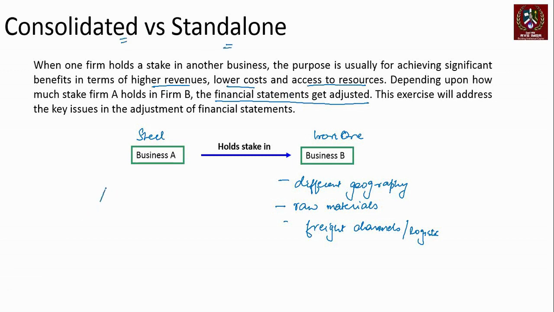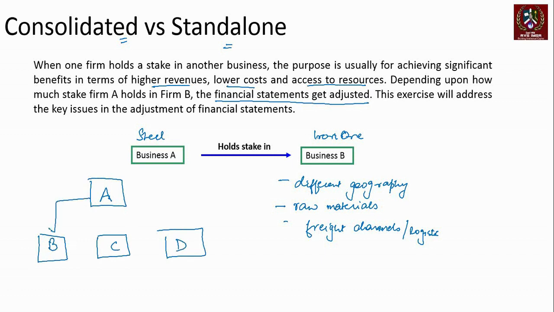In simple terms, let's say business A holds stakes in business B, C, and D. Let's say business A holds 100% of business B, which means business A is 100% owner of business B, holds 60% in business C, and holds 20% in business D. You can do that. You can buy the shares from the market. For business B, they bought all the shares. For business C, they bought 60% of the shares. For business D, they just invested 20% into the company, right?